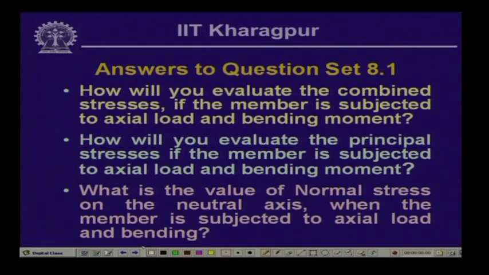The first question posed was, how will you evaluate the combined stresses if the member is subjected to an axial load and bending moment? That means a particular member is subjected to not only the axial load, but also a bending moment. In such a situation, how do you calculate the combined stresses?